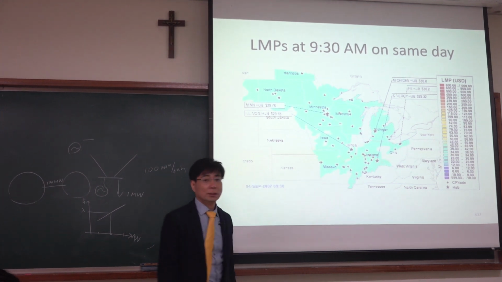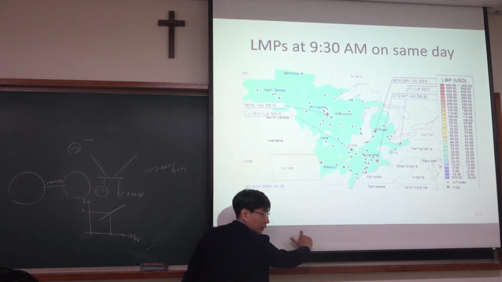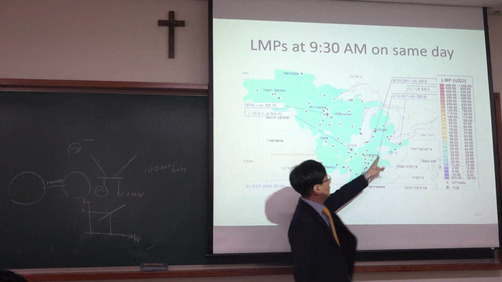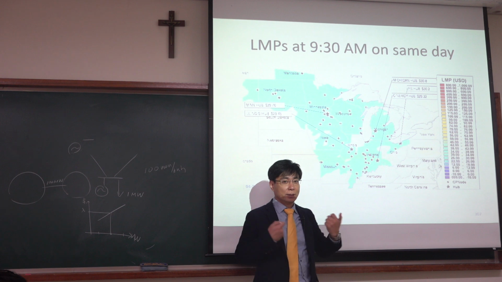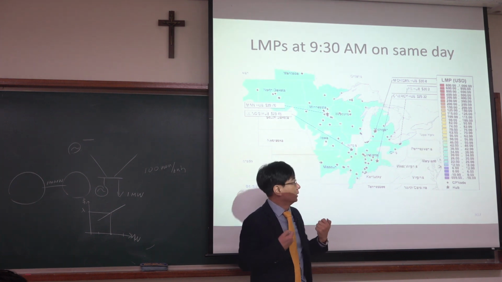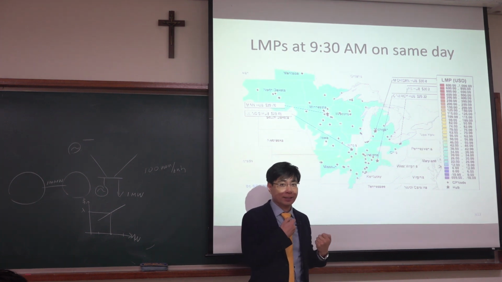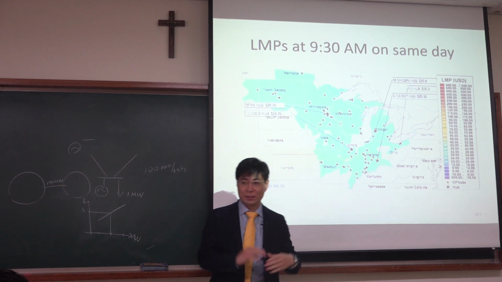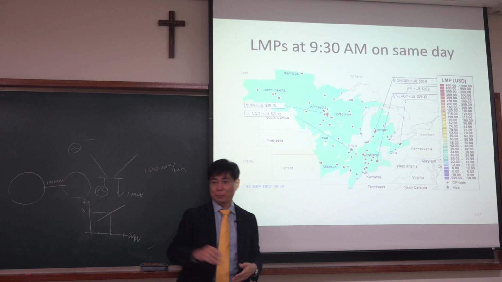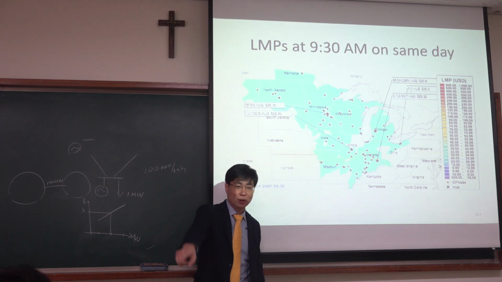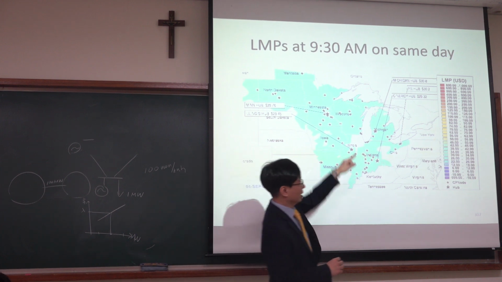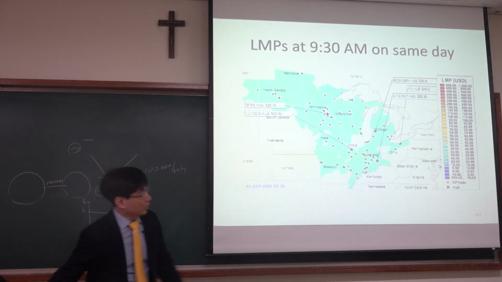Where is Texas? Yeah, Texas is somewhere here. Okay. And the colors of Michigan, blue and yellow. You are wearing a Michigan t-shirt, so blue and yellow. Michigan, yeah. Okay.